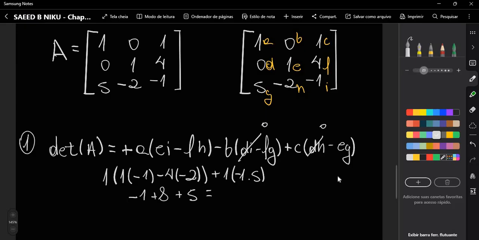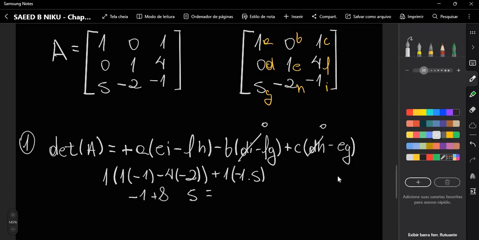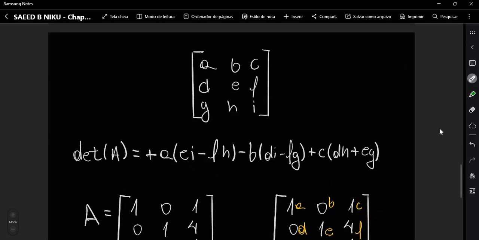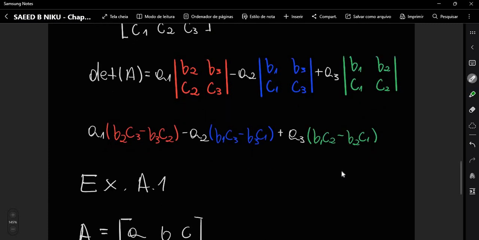So right here is minus 5. I have to correct this, and the determinant is equal to, right here, sorry, minus E times G. Okay.